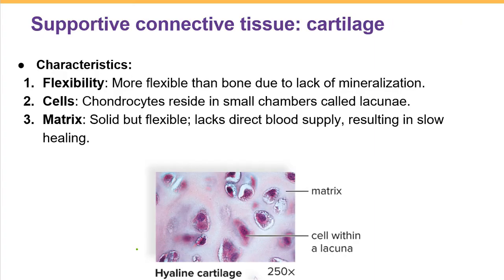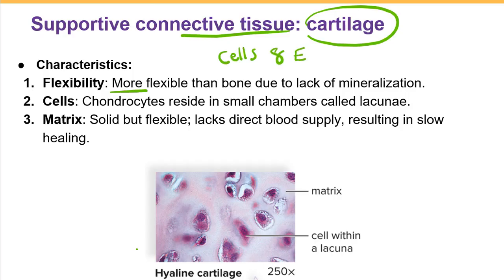And now let's talk about cartilage, one of the supporting connective tissues. As we mentioned, cartilage is more flexible than bone because of no mineralization, no calcium and phosphate in the cartilage matrix. And like other types of connective tissue, we have to define cells and extracellular matrix.